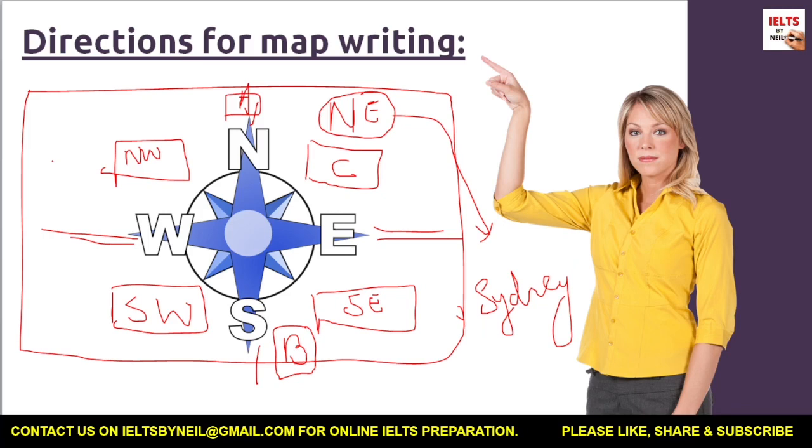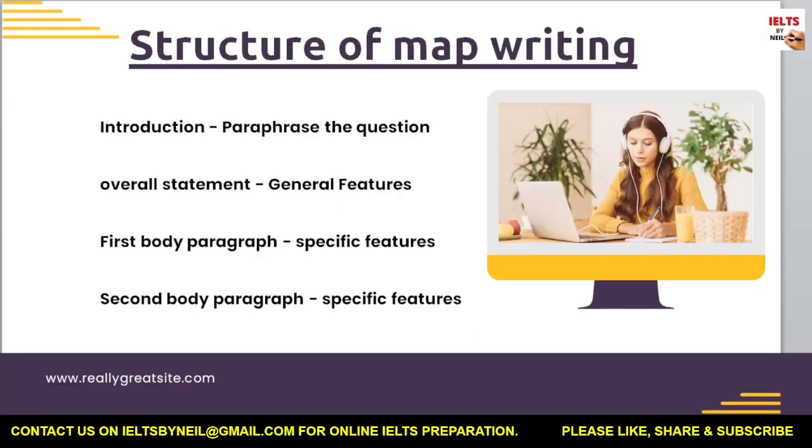All right, so now let's move on to the structure of the map. As I've told you before, the structure for all types of task 1 is the same. First of all, you will write the introduction, in which you will paraphrase the question.